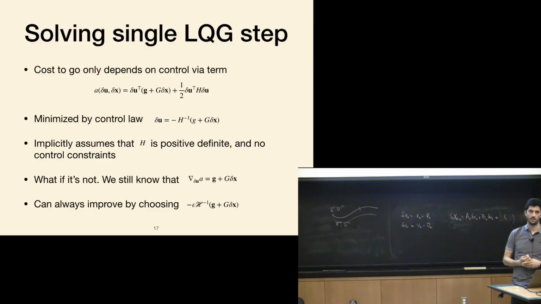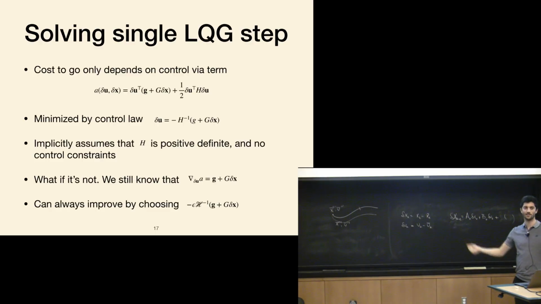And this is a quadratic, right? And we can minimize that in closed form, right? If you just take the derivative and set it equal to 0, you can see that this is the optimal control. So if our cost to go really was quadratic and our dynamics really were affine, this would be the end, okay?